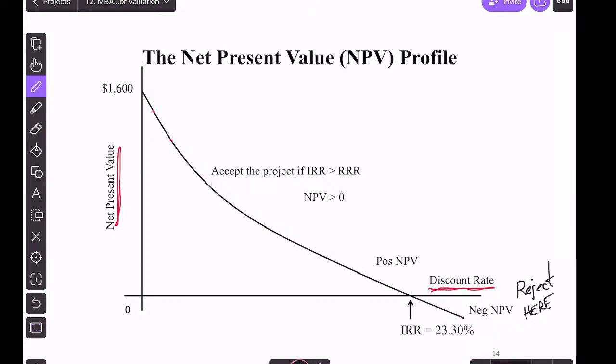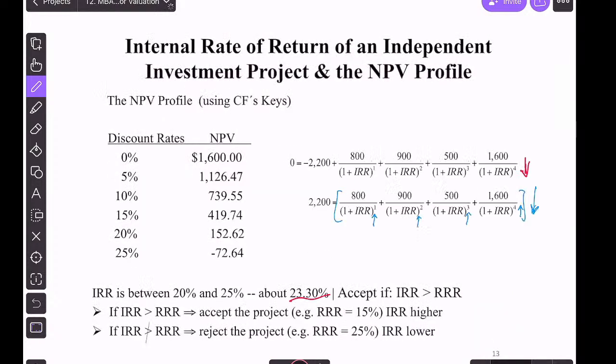All right, are you with me? So the IRR is the internal rate of return, and it reflects the return on investment in percentage terms.